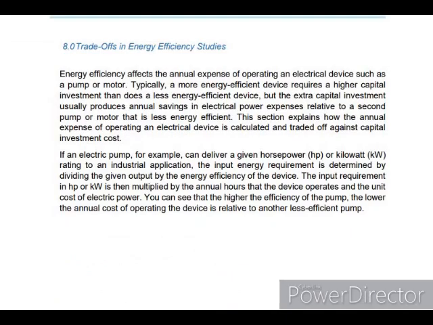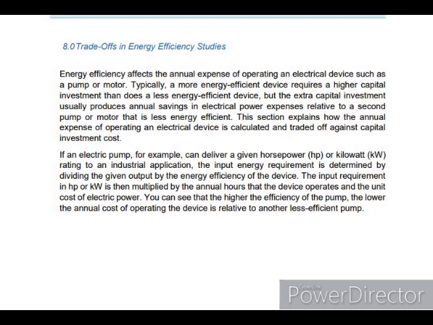Next, 8.0, trade-offs in energy efficiency studies. So energy efficiency affects the annual expense of operating an electrical device, such as a pump or motor. It is true because a device can consume more energy if it is used for higher volume production. So it affects the operating cost.